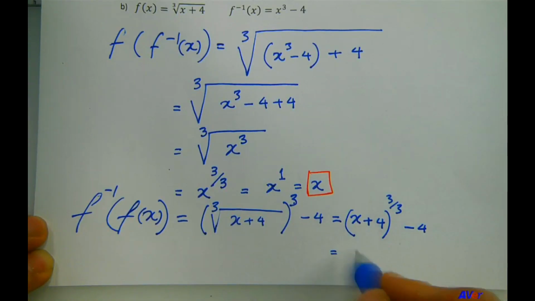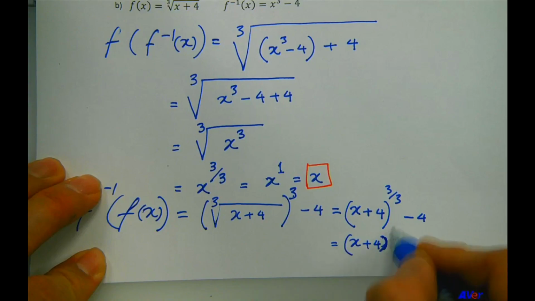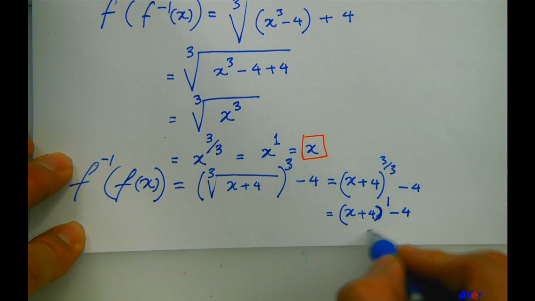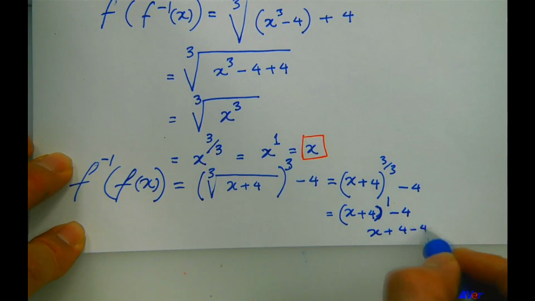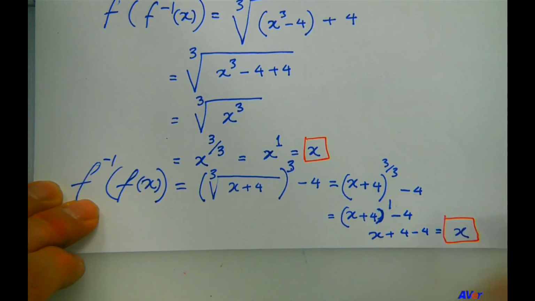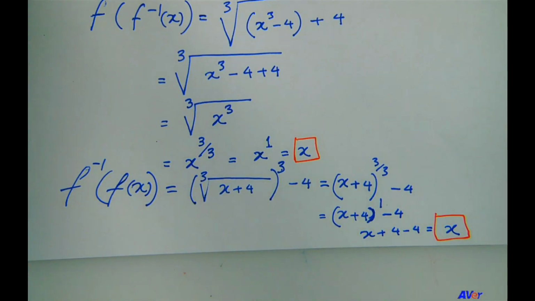So we end up with x plus 4 to the first power minus 4, and this is x plus 4 minus 4, and that is equal to x. So there, once again, we have shown that f and f inverse are inverses of each other.